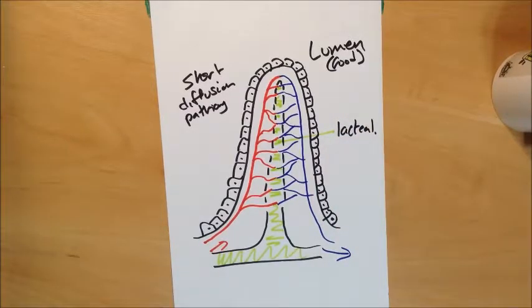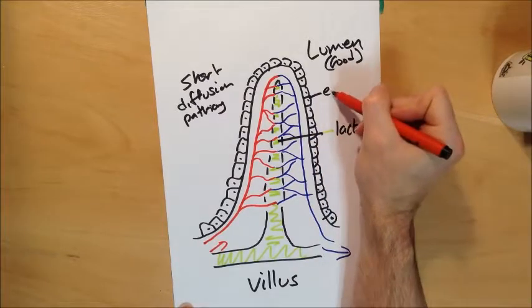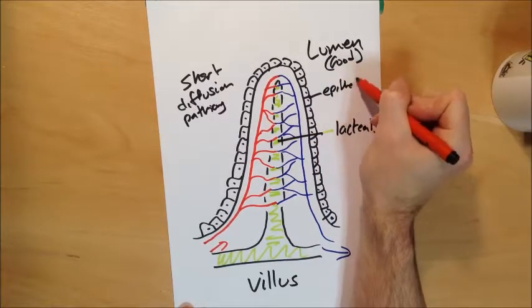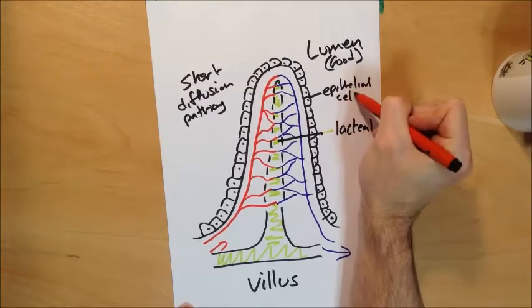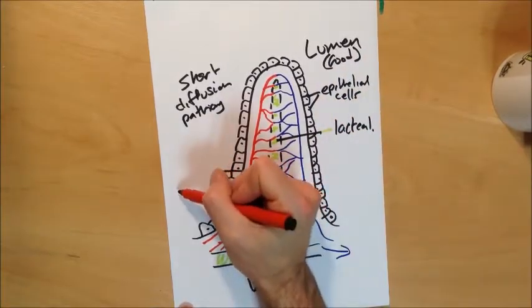So that is a villus. And I'll just label it up here. We've got epithelial cells. We've got a capillary here.